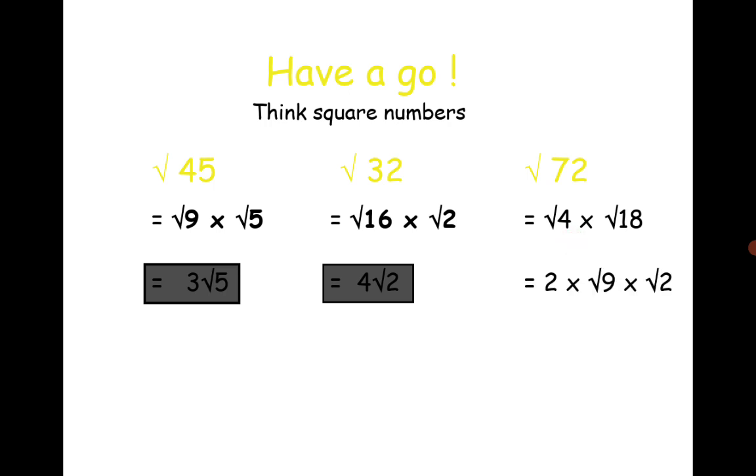Which can be written also as 2 times root 18. This is square root of 4 is 2. Root 18 is root 9 times root 2. But root 9 is the same as 3. So in this case, the result is the same as 2 times 3 times root 2, which is 6 root 2.